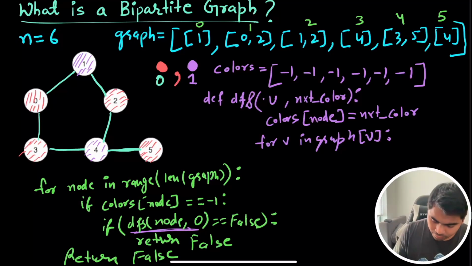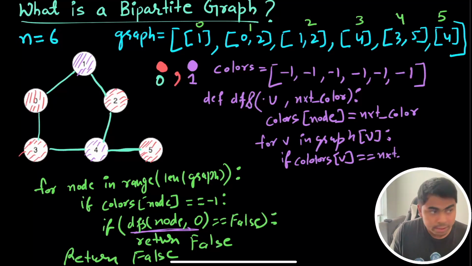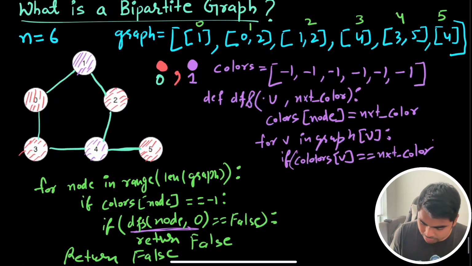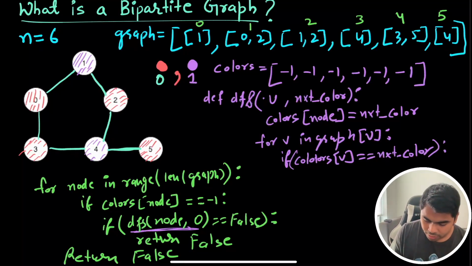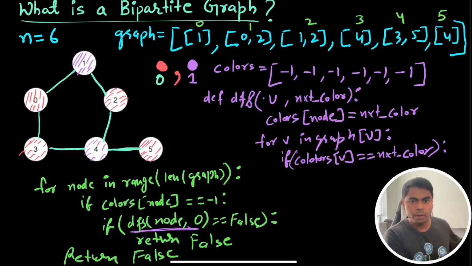So if this V is not -1, that means if the colors at V is equal to next color, that means it's already visited and it's the same color that U is already assigned.